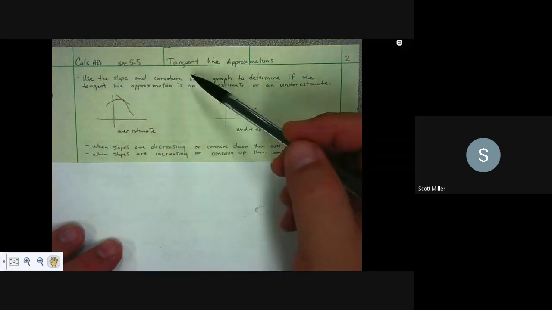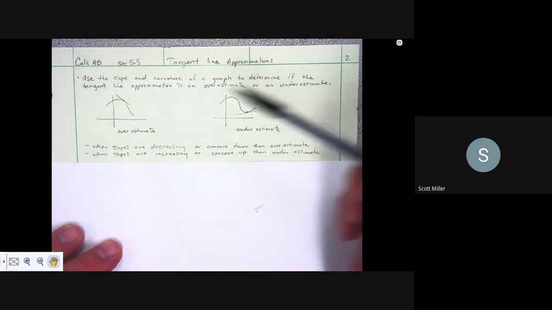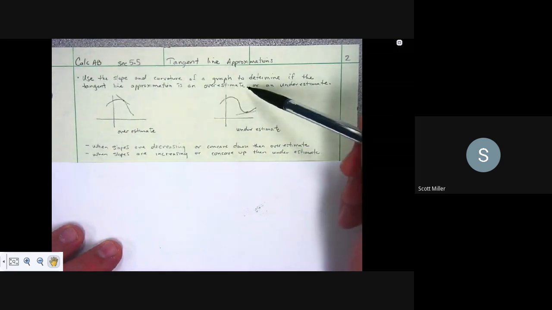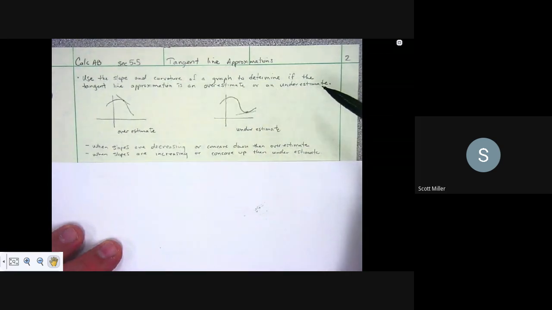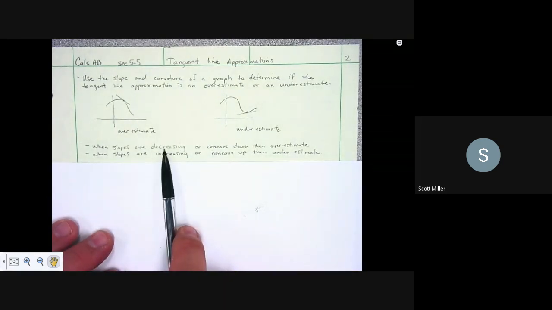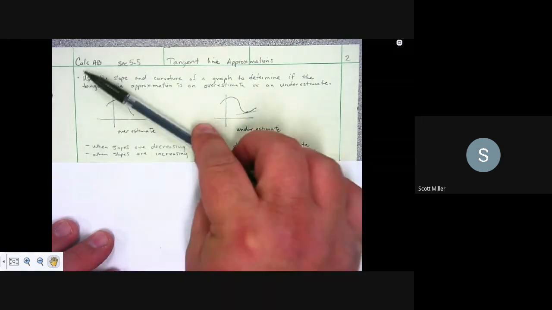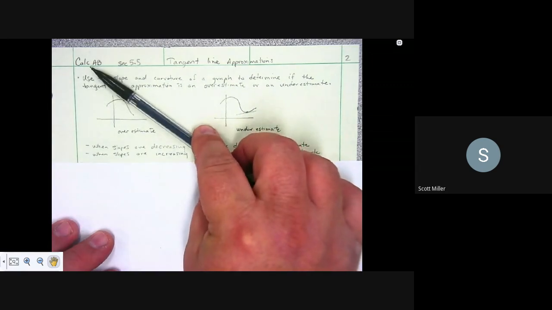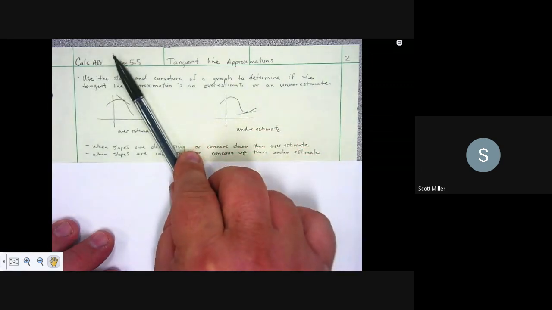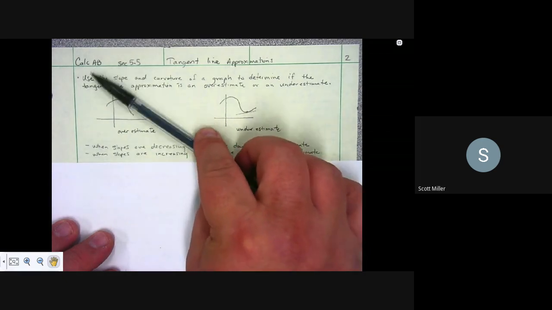Use the slopes and the curvature of a graph to determine if the tangent line approximation is an overestimate or an underestimate. And what they mean by that is this. If the slopes are decreasing, that means the tangent line is going to be above the curve. See this? So that means the tangent line approximations are going to be an overestimate.